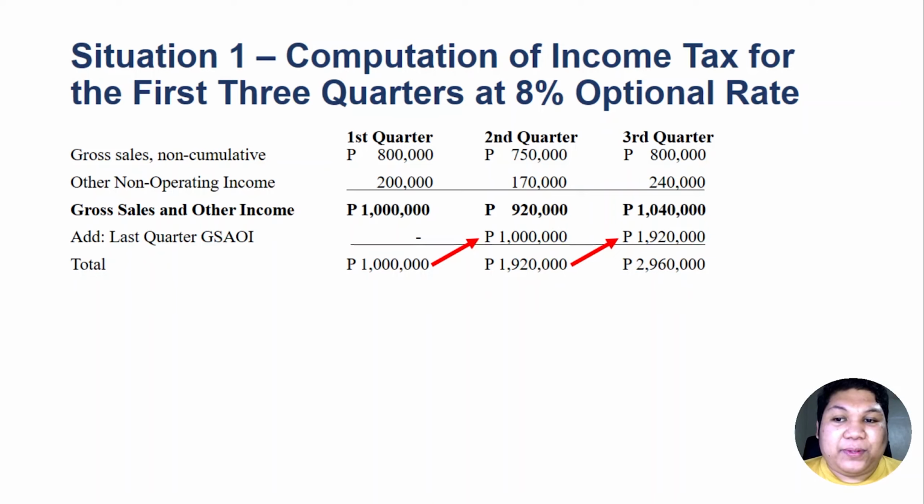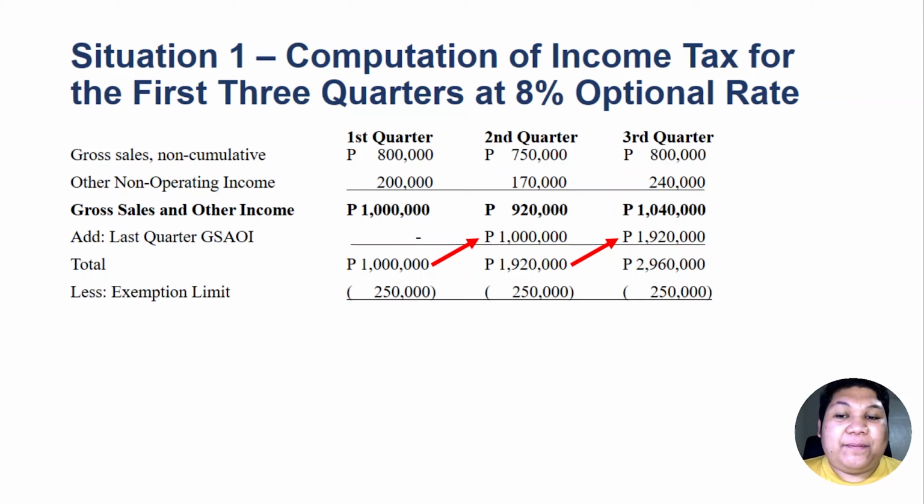After we have computed the gross sales and other non-operating incomes, we can now deduct the 250,000 pesos. You might be asking, why do we deduct 250,000 pesos each quarter? Again, you can only claim 250,000 pesos once in every taxable year. But in this case, we claim it in each quarter because each amount is cumulative.